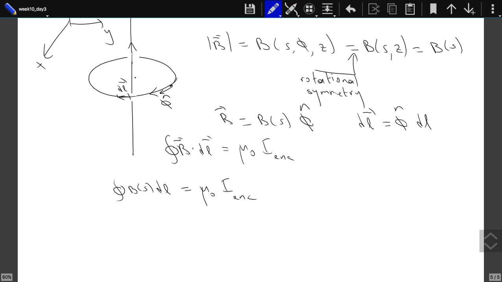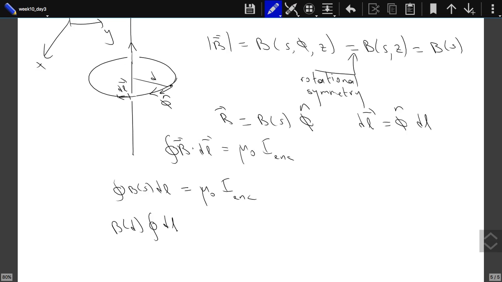Let us call the radius of my ring D. Here I'm calculating Bs on the loop, multiplying it by dl, and I'm doing this for all the segments, but for all the segments, S is just D. I'm just taking this circle with center at the axis. So B of D times the integral of dl, since S is constant, B of D is just a constant.